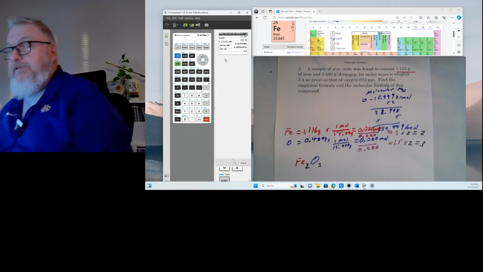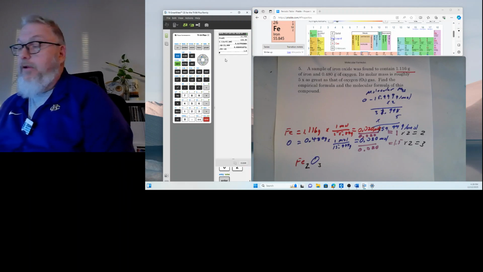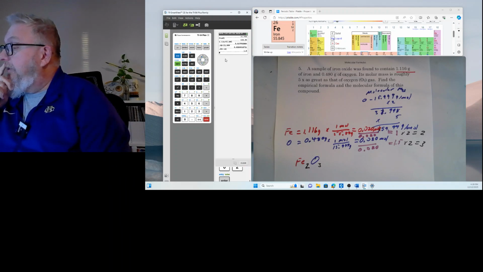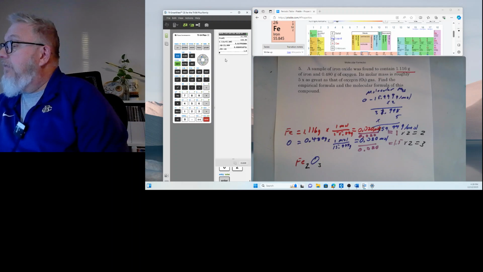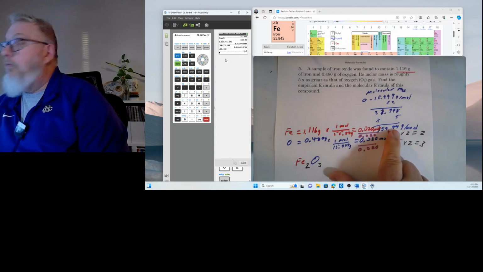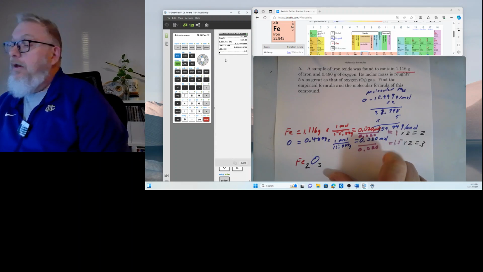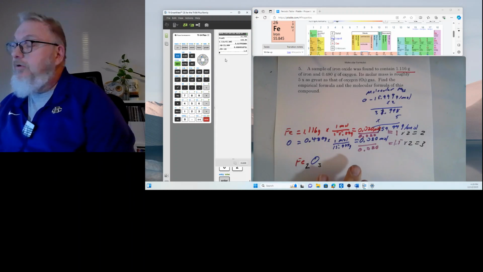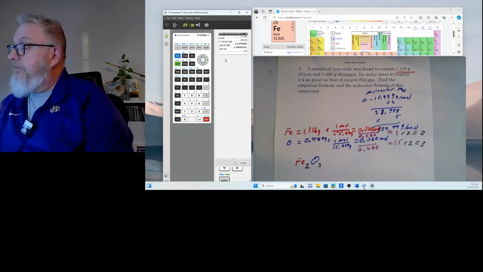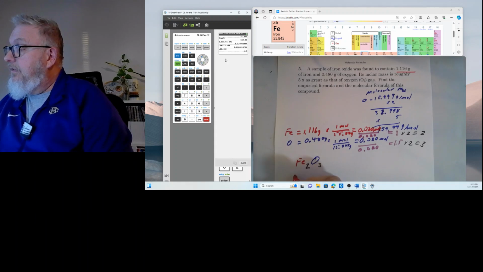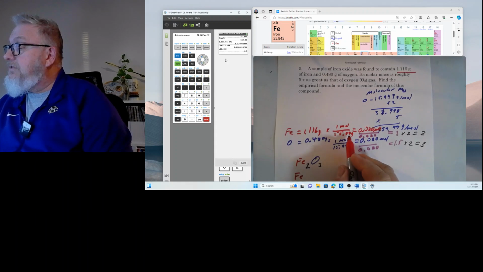So now we've got to see if that's the molecular formula or what the molecular formula is. So I calculated that the molecular mass is 159.99. Okay, so now I've got to get the empirical formula mass. So how do I do that? Okay, I know the molar mass of iron is 55.845.